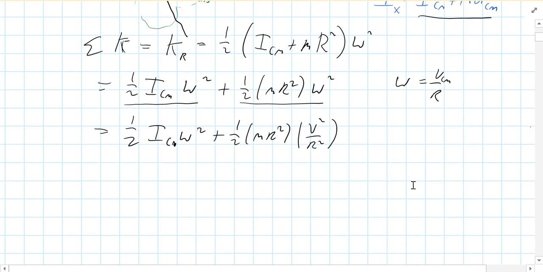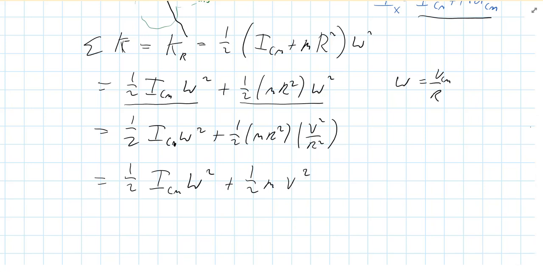And you might notice that the r's drop out. And look what we get: 1/2 I_CM omega squared plus 1/2 m V squared. And you can put V_CM here if you'd like.